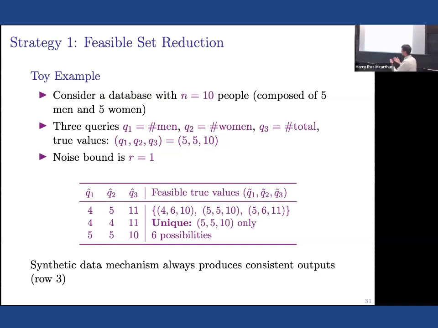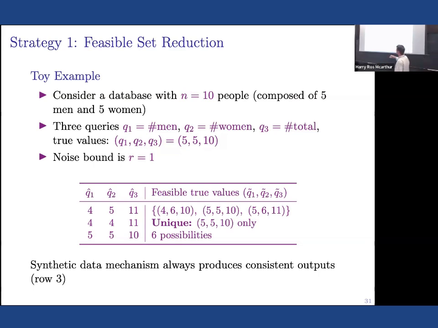If the observed output by the individual is 4, 4, 11, so you've added -1, -1, and +1, there's only one candidate, only one feasible configuration of the noise consistent with that plus or minus 1 output. So you're effectively removing the perturbations if someone observes this.